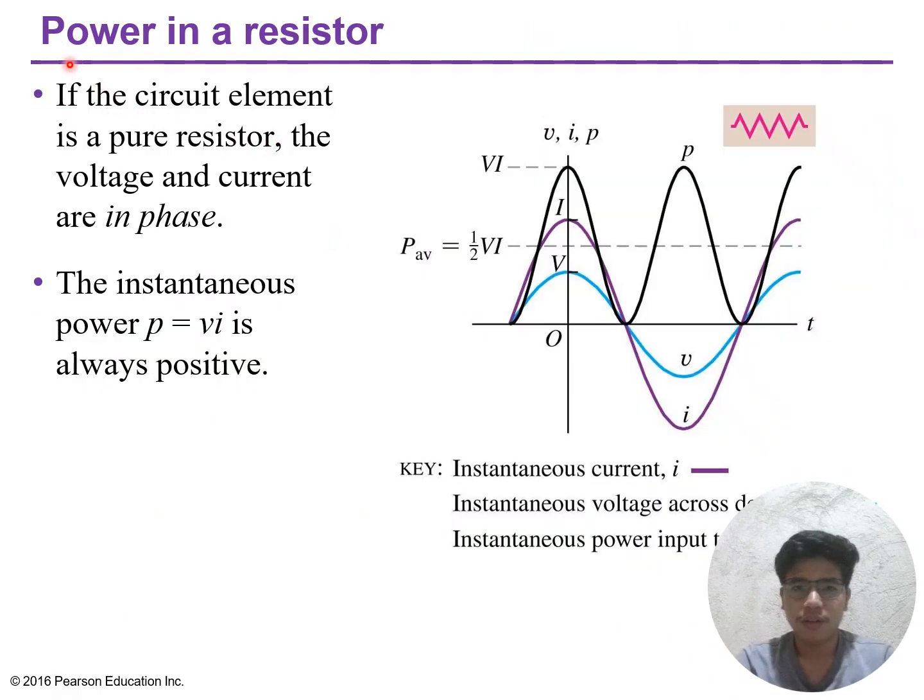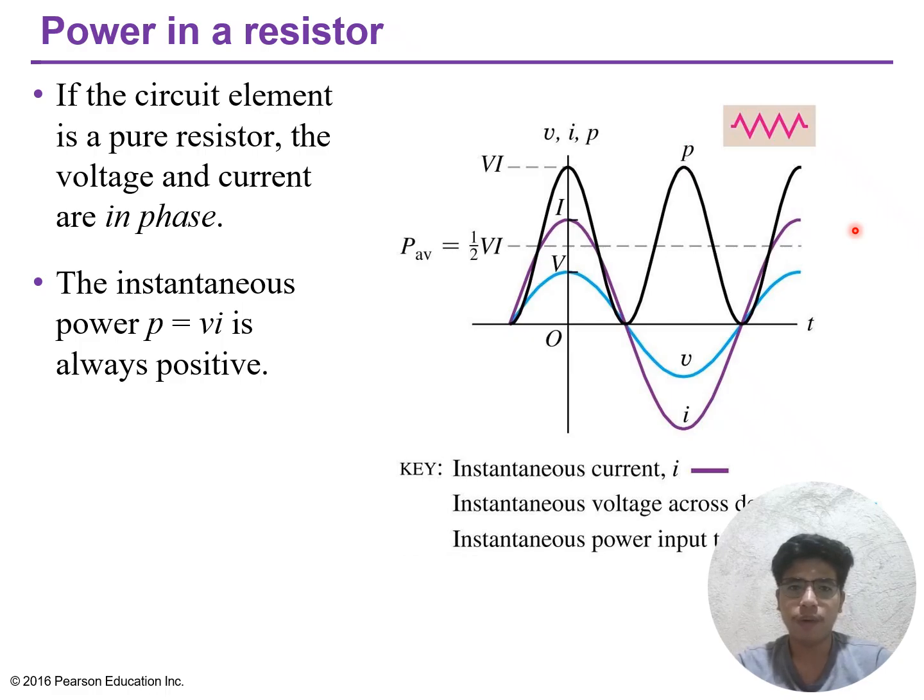So in a resistor connected to an AC source, voltage V and current I are perfectly in phase. Both reach maximum, zero, and minimum values simultaneously, as shown by the overlapping sinusoidal curves in blue and black.